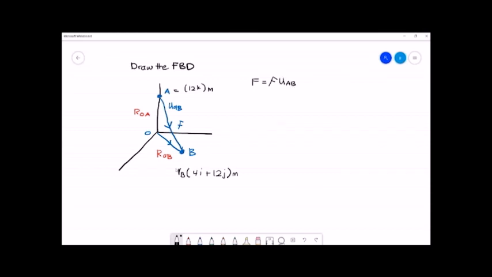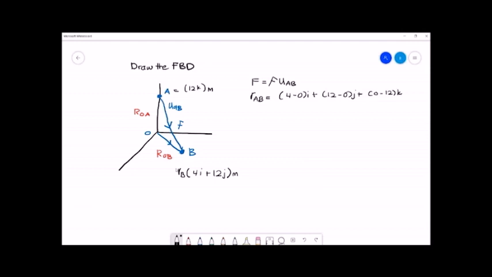So what we need to do now is to get the position vector r_AB, which is equal to 4 minus 0 i plus 12 minus 0 j plus 0 minus 12 k.